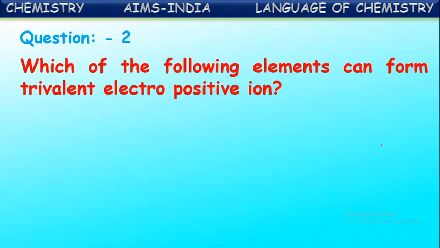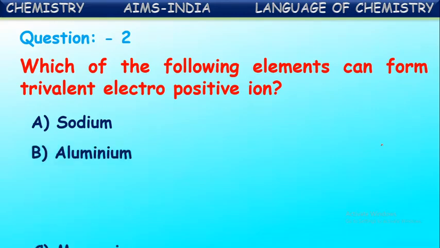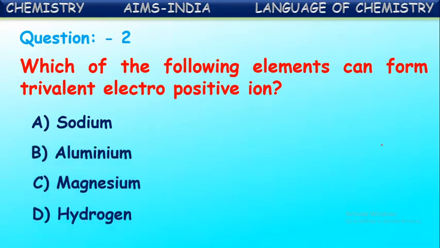Which of the following elements can form a trivalent electropositive ion? An element can form a trivalent ion when it has 3 valence electrons. So the element which has 3 electrons in its valence shell can lose those 3 electrons and hence form a trivalent electropositive ion. Let us see the options: sodium, aluminium, magnesium, hydrogen.